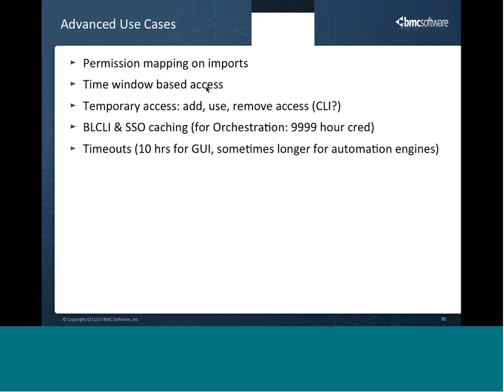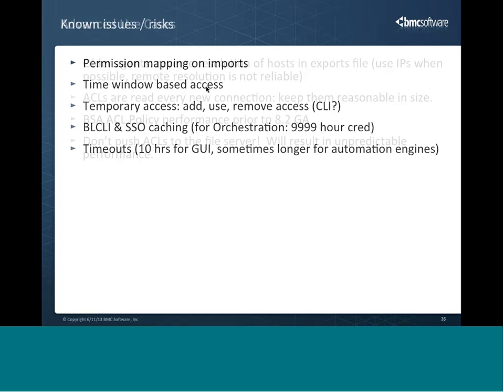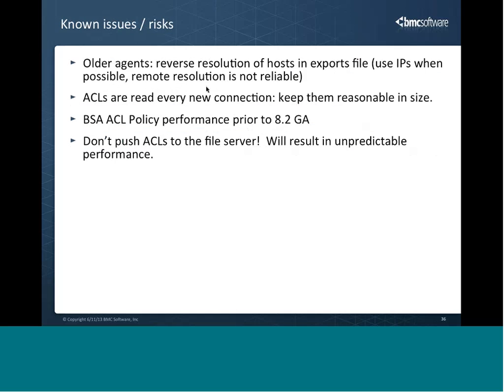All right, so that wraps up use cases at a high level. There are some specific node issues and risks. When you put host entries in the exports file, we definitely prefer to use IP addresses if at all possible. I can't tell you the number of customers where we figured out that name resolution didn't work on their endpoint because they had host names in the exports file rather than IP addresses.